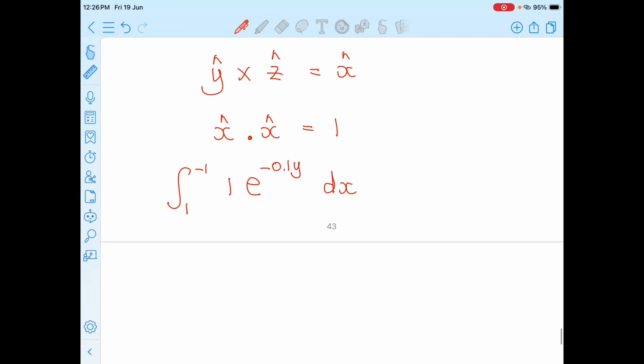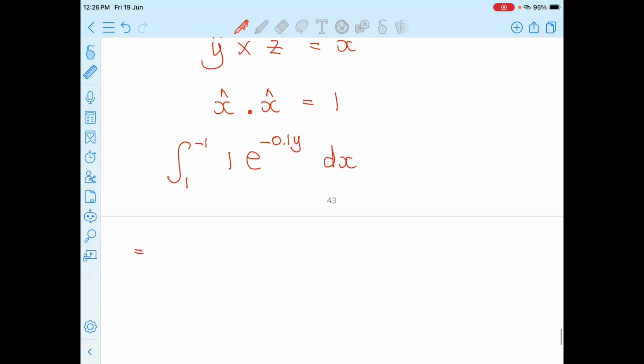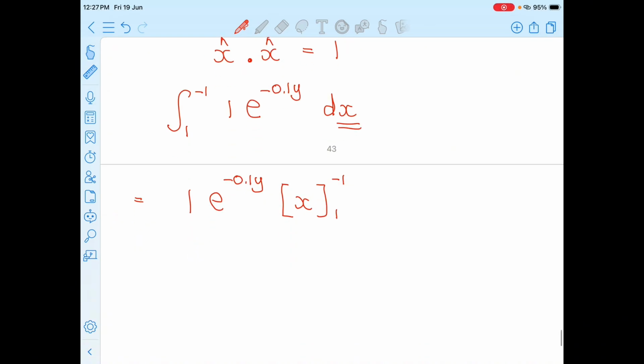Okay, so let's do the integrations. Since we integrate with respect to x, the answer will be e to the power of -0.1y. Now we will have x, because you integrate with respect to x, so it's from -1 to 1.